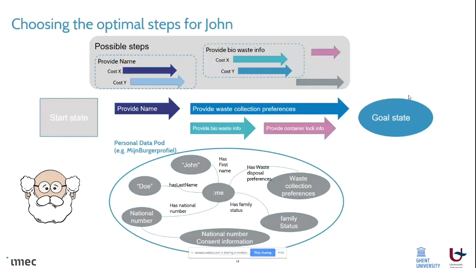For example, if you have multiple steps for the same thing, you can think of something like having to provide your national number, and this can happen via an API call to the government, or you have to insert it manually. And of course, both are different efforts for the user in order to get this information there.